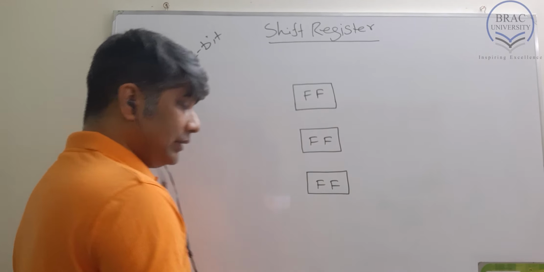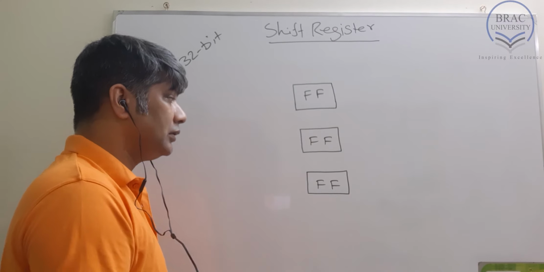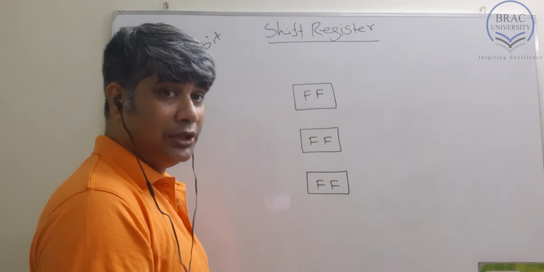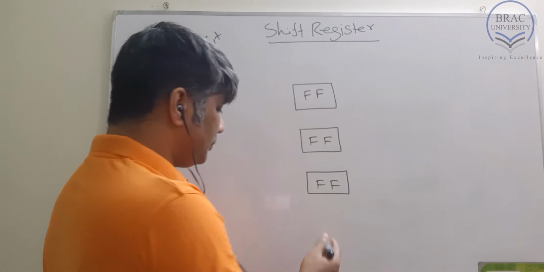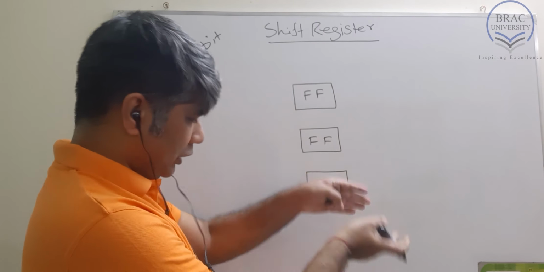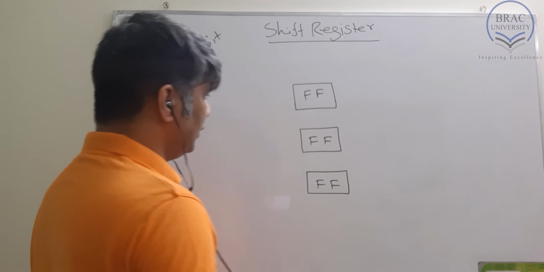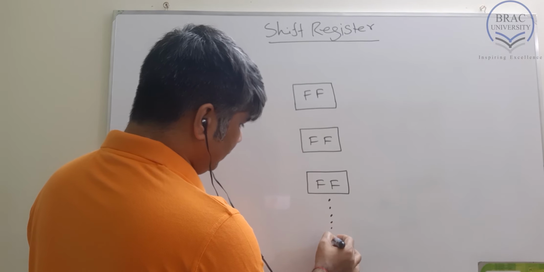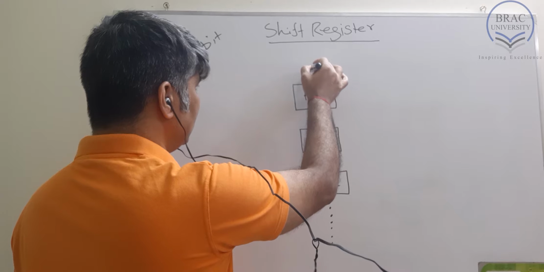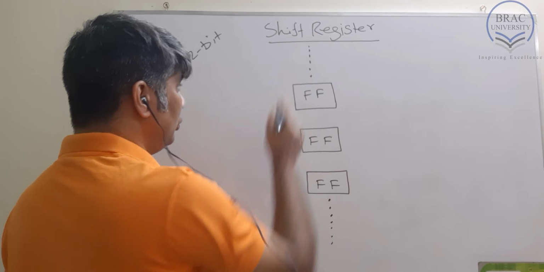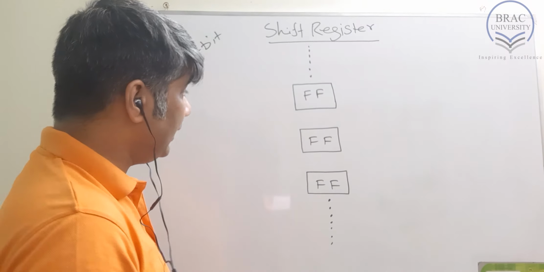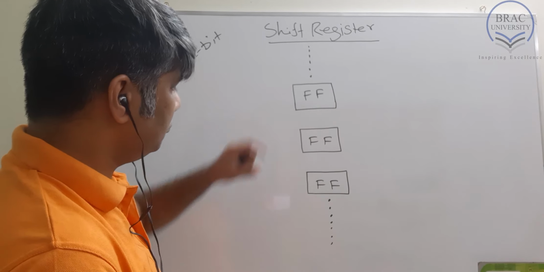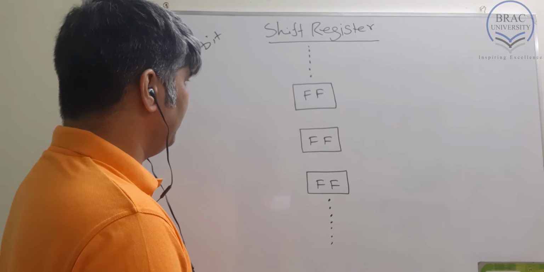As I said, this shift register is going to be 32-bit. I'm just taking 3 flip flops from the middle of the register, so we assume that there are other flip-flops. This is how we indicate that this is just some part of the register.